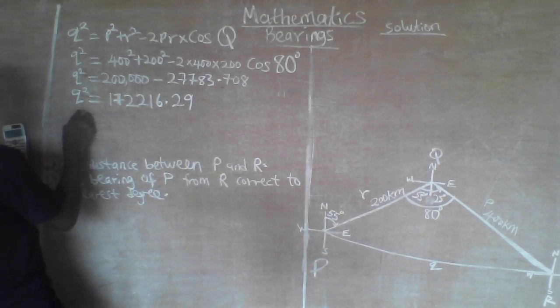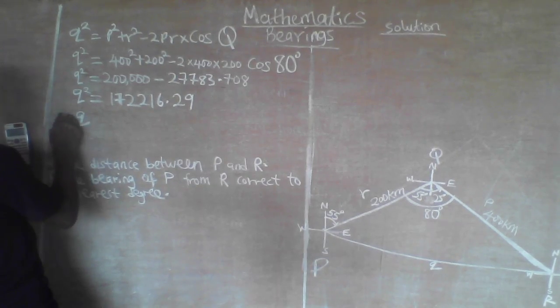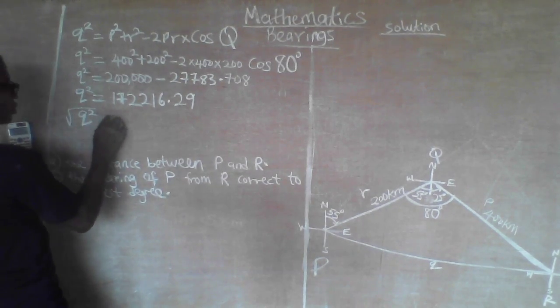q squared is equal to 172,216.29. For q to be alone, take the square root of both sides.